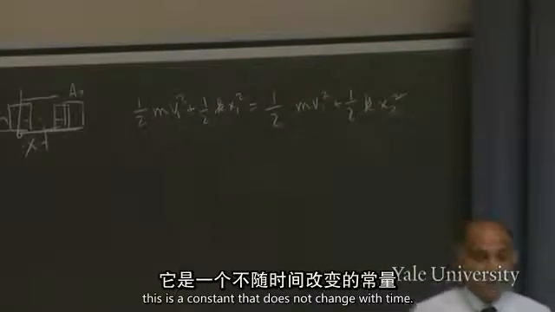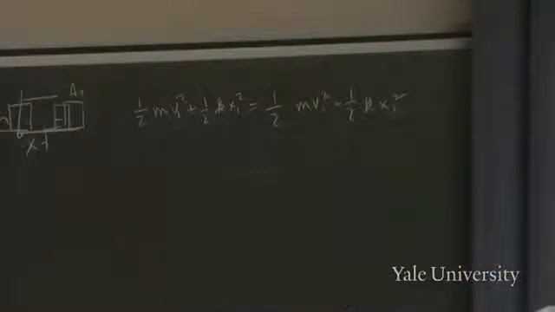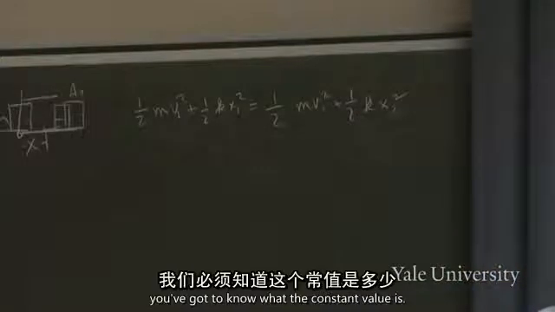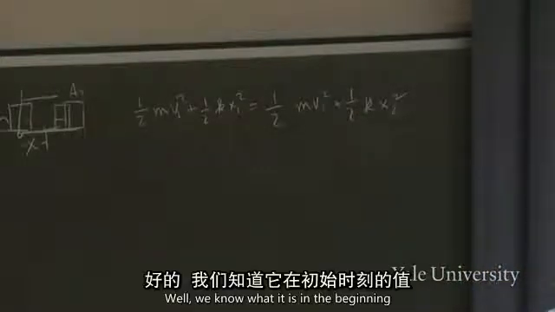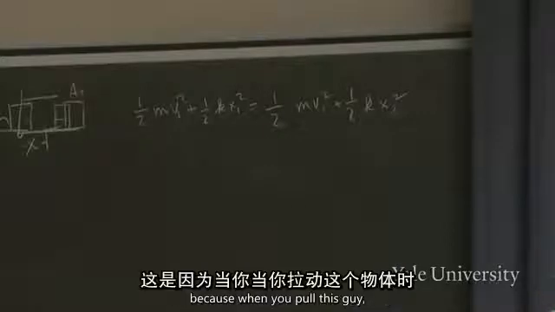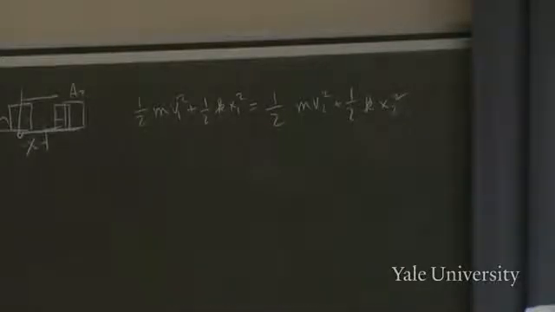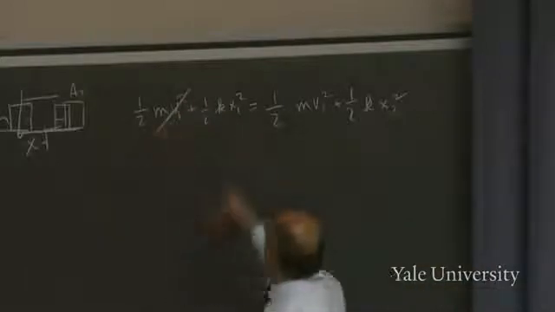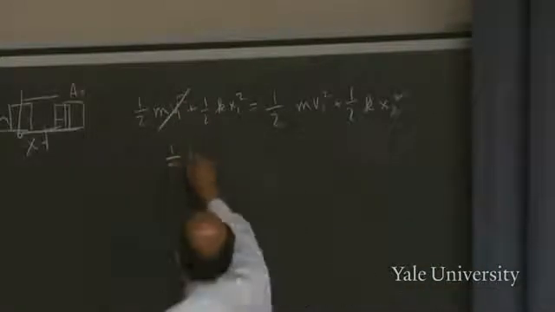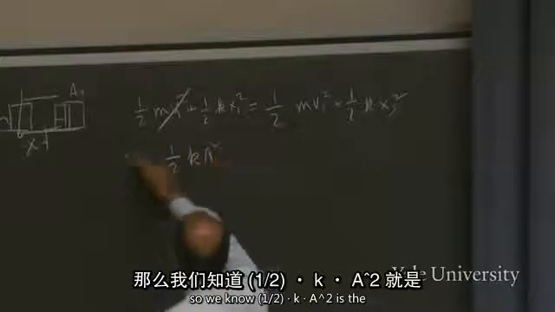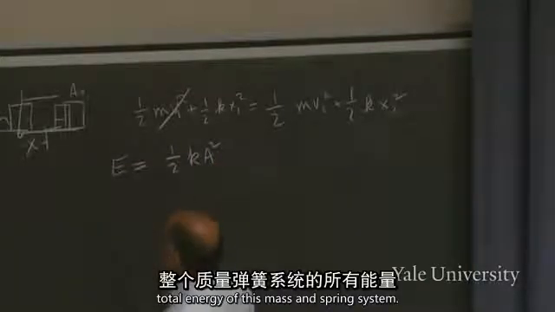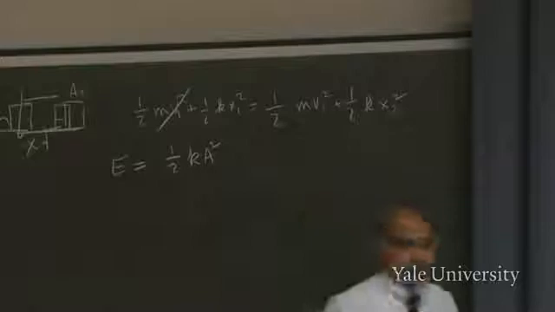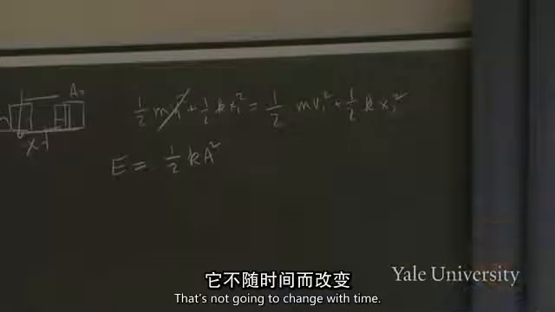This is a constant, does not change with time. Now, to get some mileage out of this, you got to know what the constant value is. Well, we know what it is in the beginning, because when we pulled this guy, at that instant, we knew it had no velocity, and we knew it was sitting at the point A. So we know 1/2 k A squared. That is the total energy of this mass and spring system. That's not going to change with time.